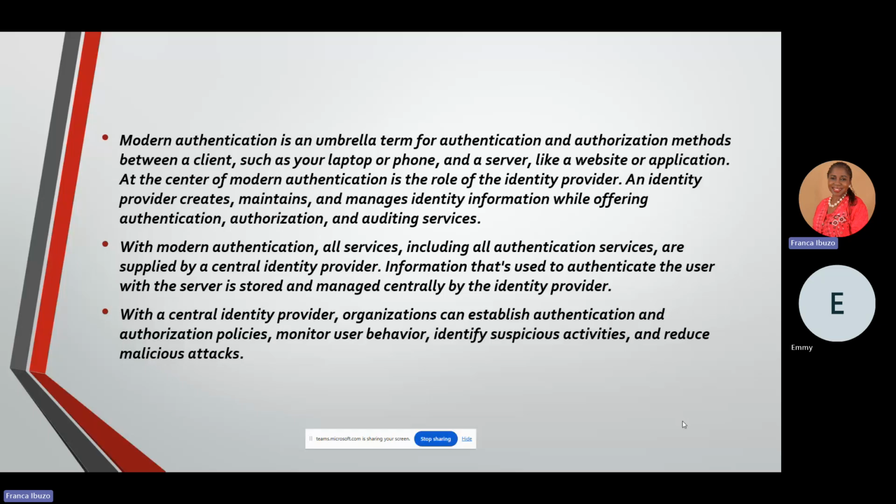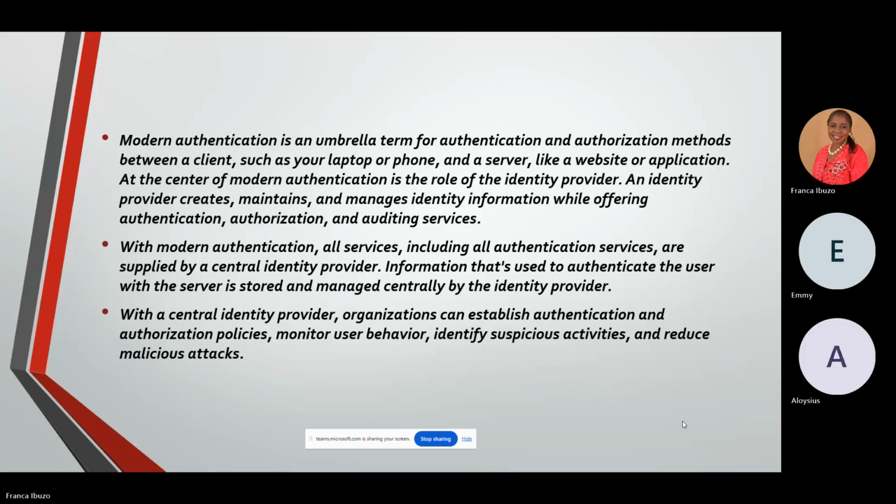So with modern authentication, all services, including all authentication services, are supplied by a central identity provider. Information that is used to authenticate the user with the server is stored and managed centrally by the identity provider. So you can liken this to your provider. Microsoft is a provider.